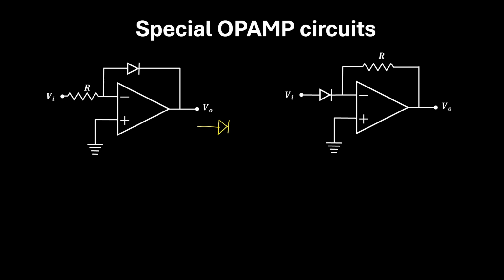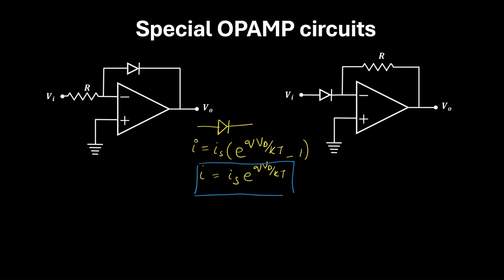For a diode, the current flowing through the diode is given by the saturation current into exponential of Q into the voltage across the diode divided by the Boltzmann constant into temperature, minus 1. So this one we can approximate as Is e to the power QVD by KT. So we will use this formula to find the relation between the output and the input.